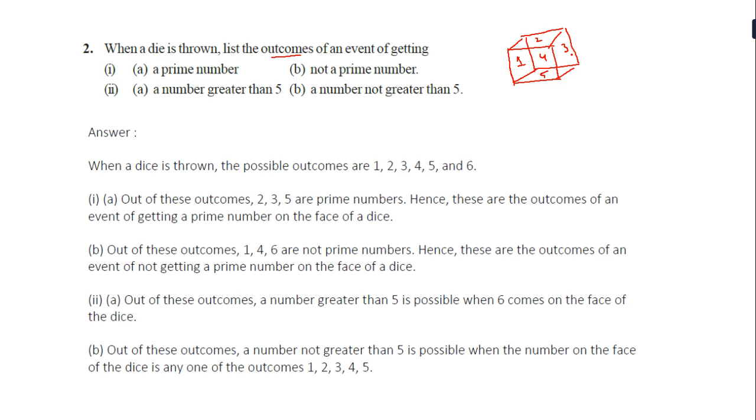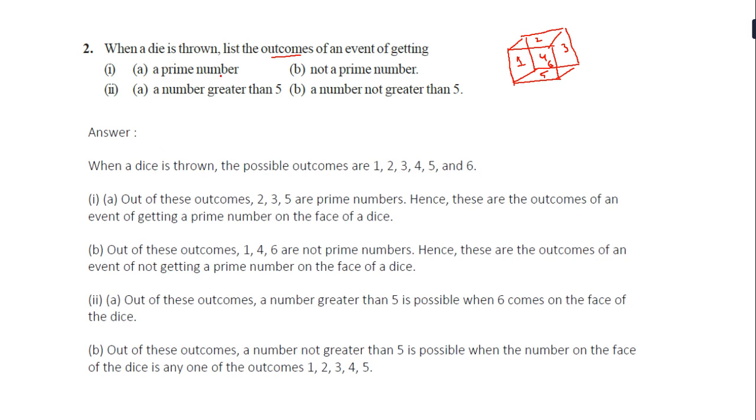So when a dice is thrown, the possible outcomes are 1, 2, 3, 4, 5 and 6.